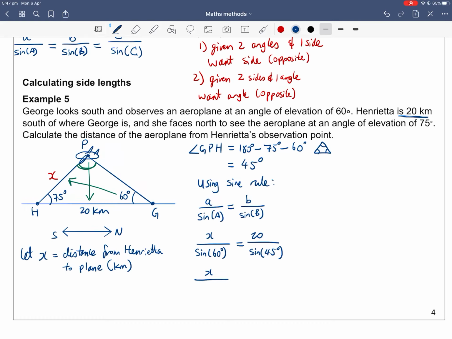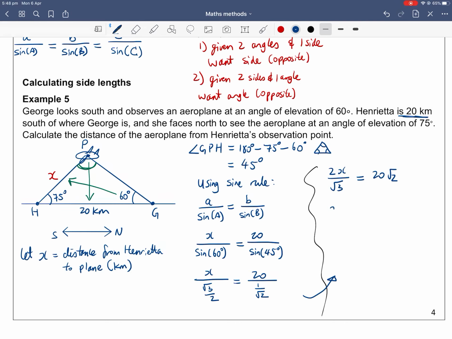So x over sine of 60, which is root 3 on 2, and sine of 45 degrees is 1 on root 2. So let me just go to the side because I'm out of space. That tells us 2x on root 3 equals 20 root 2, because when you're dividing by a fraction, you flip the bottom.